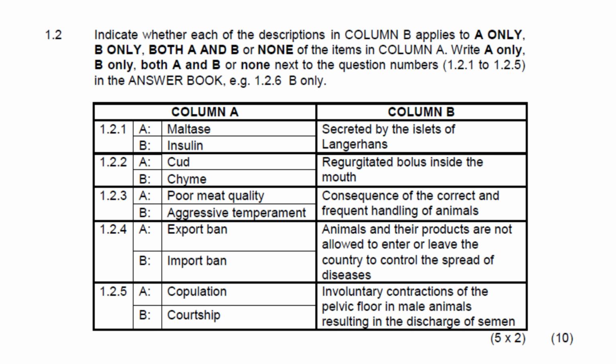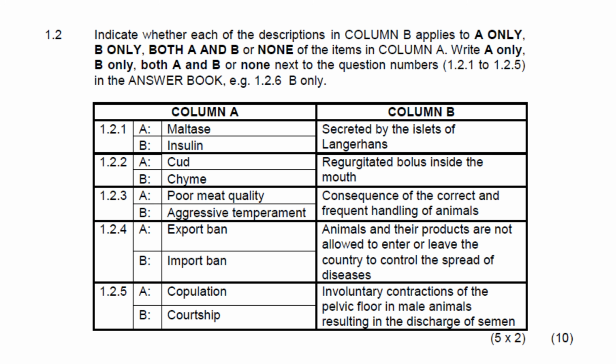Both of them are used to control disease spread by restricting the movement of animals and products. If they are not allowed to enter or to leave, it means both of them are correct. So the answer there is both A and B, because export is going out, import is coming in, right?